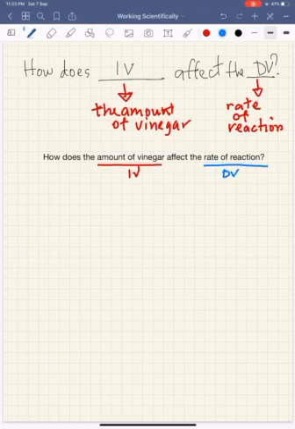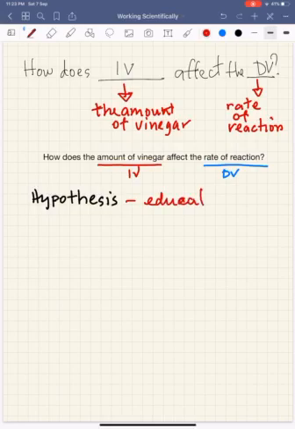Now how do you write your hypothesis? First of all, what is a hypothesis? It's an educated prediction or guess, because of all you know about rate of reaction, because of our past experiment.